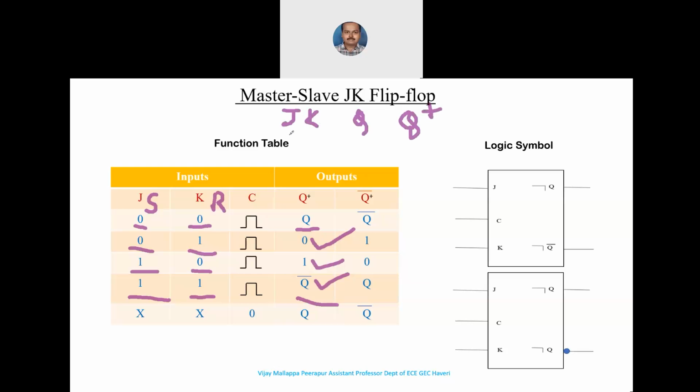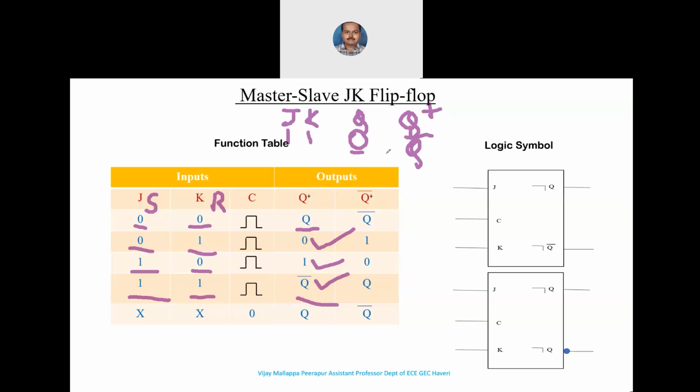When both are 1, 1, assume the previous state is 0 here. And what is the next state here? The next state is nothing but the complement of the previous state. As I said, it is nothing but Q bar.